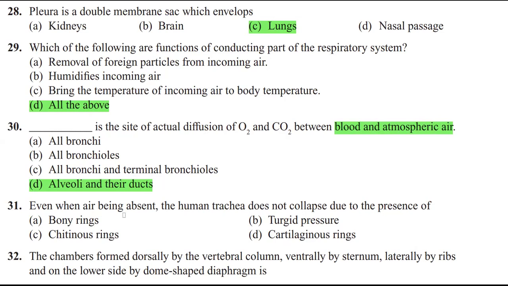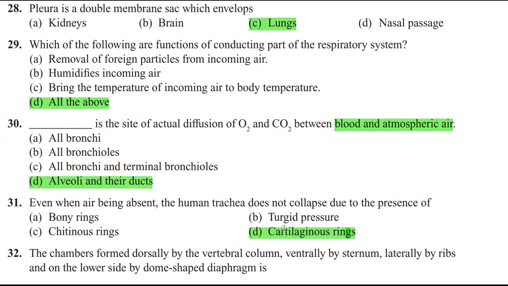Even when air is absent, the human trachea does not collapse due to the presence of bony rings, turgid pressure, chitinous rings, cartilaginous rings. Cartilaginous rings, hyaline cartilage.